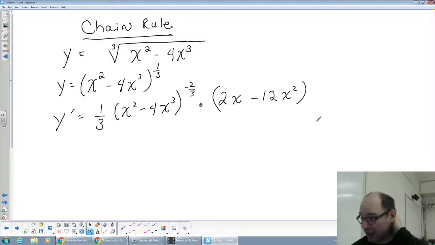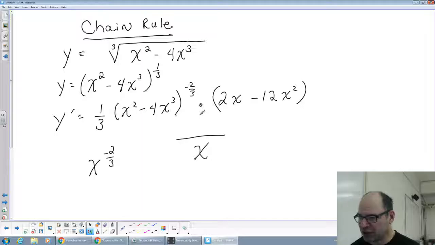If we wanted to take out a common factor, we could take 2x out of both of these and put it out front here, because we're multiplying them. And remember that this negative means that it's on the bottom of a fraction. Some people have wondered how you change it back into roots from powers. What the exponent actually means is that x is on the bottom of a fraction, because of the negative.